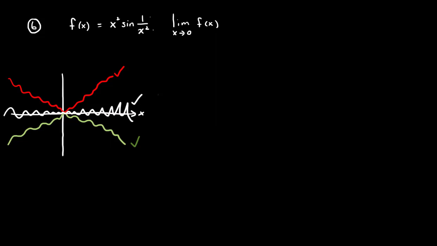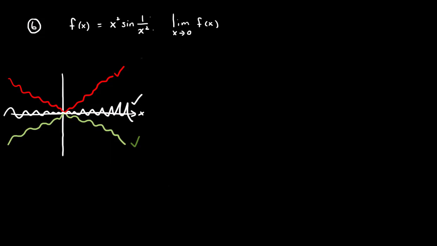So that's the logic behind the sandwich theorem. That's the term I like to use, sandwich theorem. Other authors will call this the squeeze theorem, so you might know it by one or the other. So let's do this.